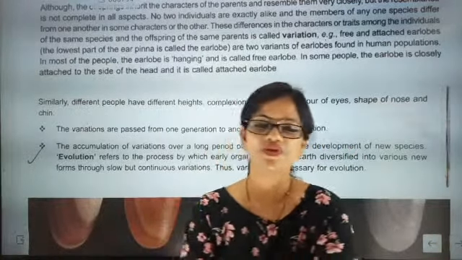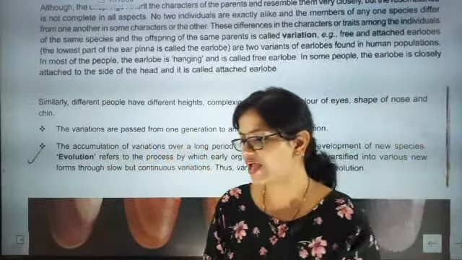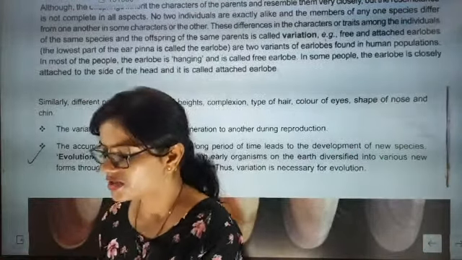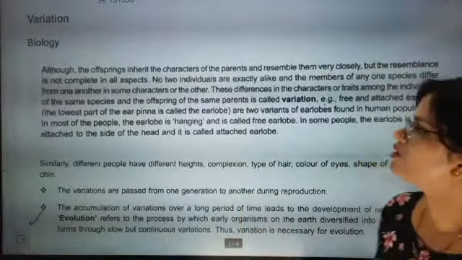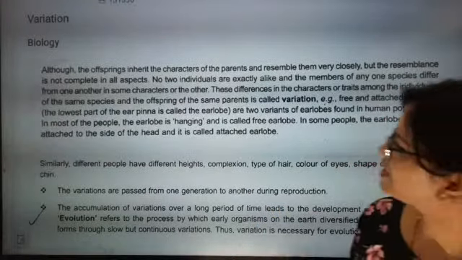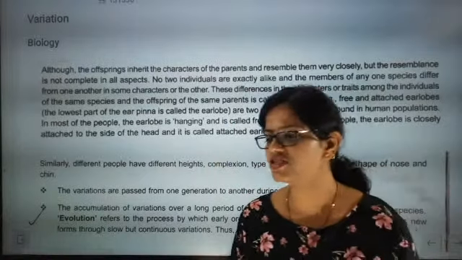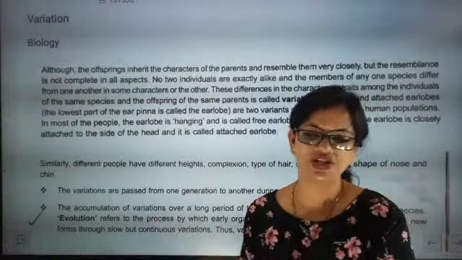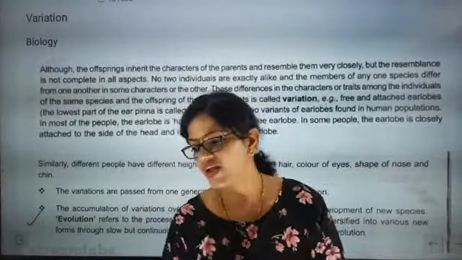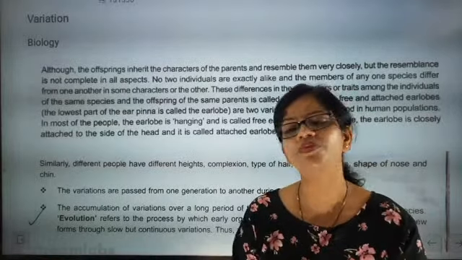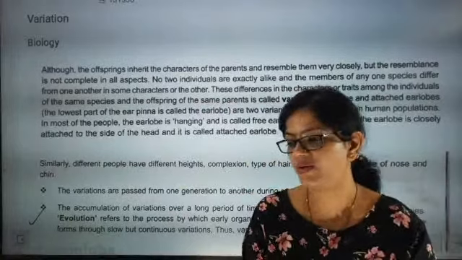So if somebody asks again and again what is variation, you will say that a difference or change in genetic character is exactly called variation. Absolutely. And variation brings survival chances. That is also a very important point.